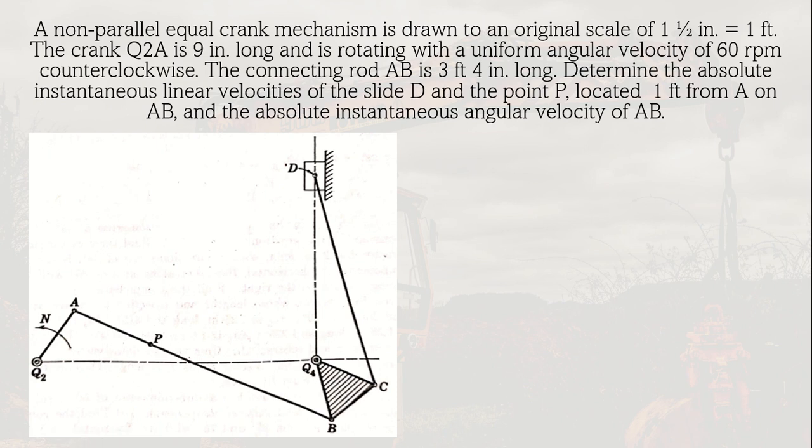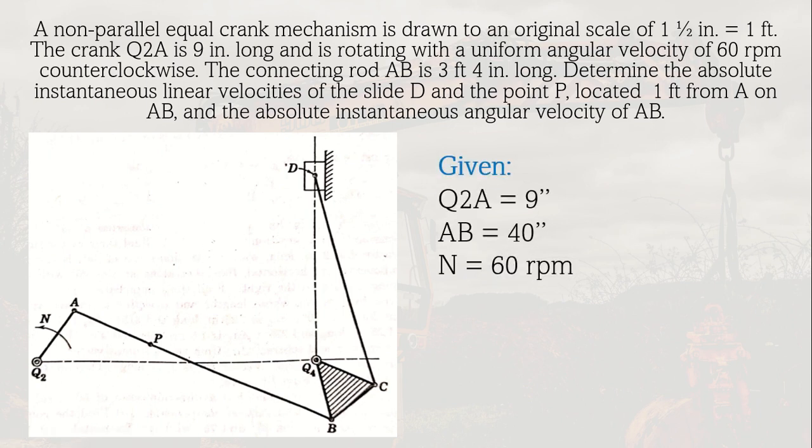We will use the velocity polygon method to get these unknowns. We are given Q2A, which is 9 inch, AB is 40 inch, and the angular velocity of A is 60 RPM. And the unknowns are the velocity of D, the velocity of P, and the angular velocity of AB.